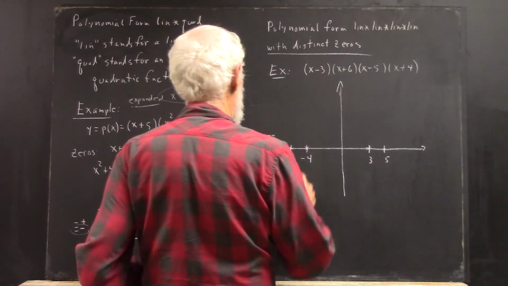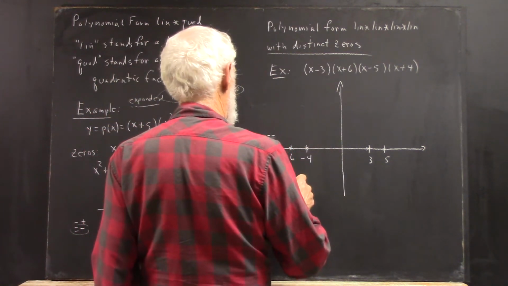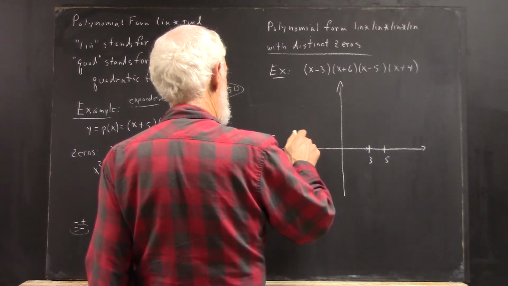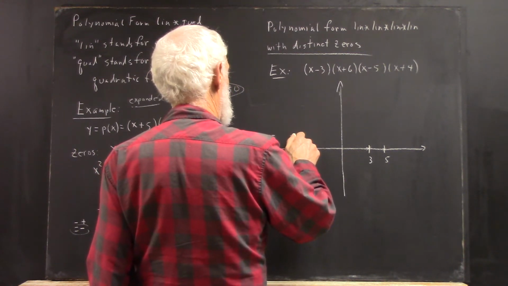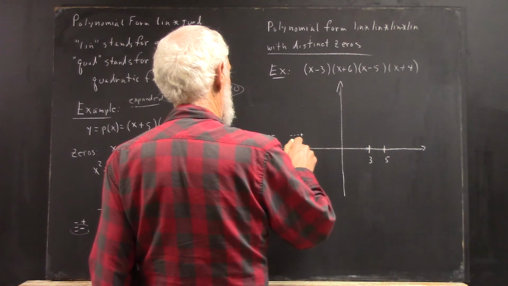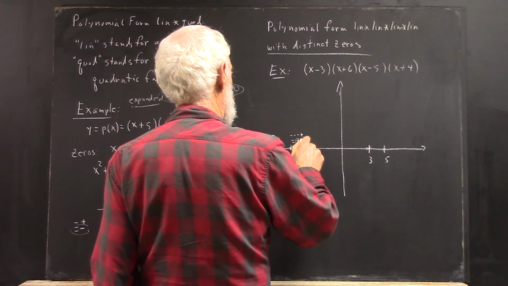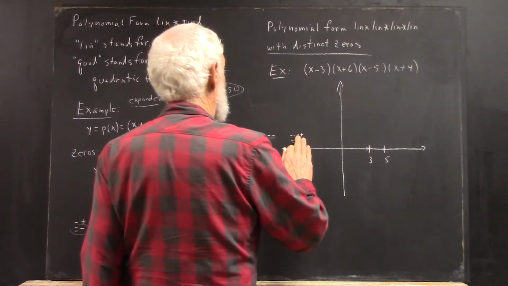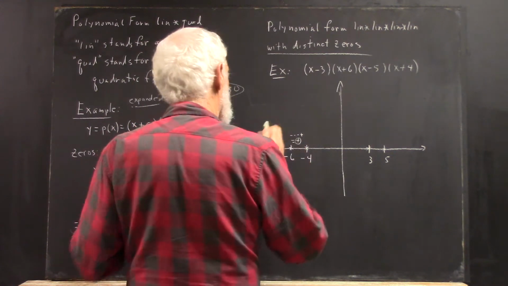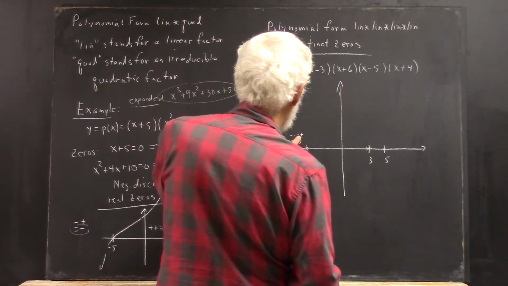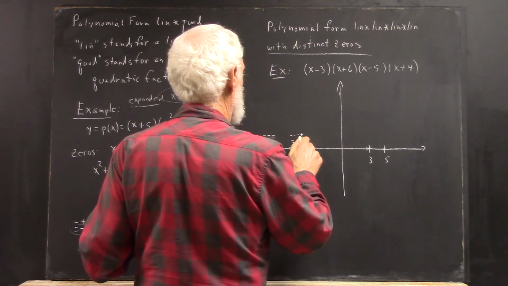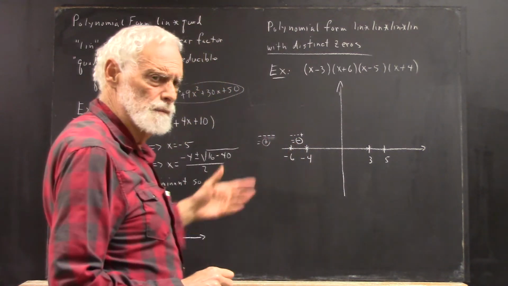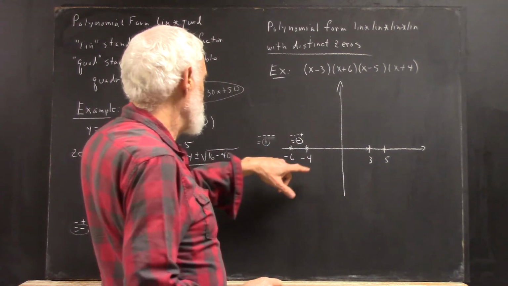Between -6 and -4, what are you going to have? You're going to have 3 negatives and a positive, which gives you a negative. If I pay attention to what I'm doing, I might not make that slip up. Okay?